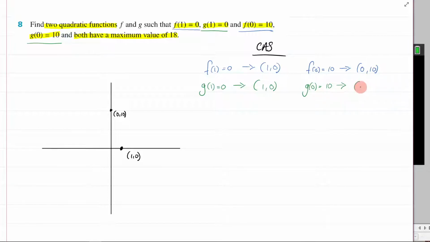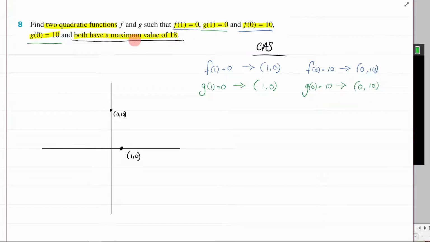So that means when x is 0, my y is 10. Would you know it? It's going through the same point again. So the functions f and g have the same y-intercept and the same x-intercept. Amazing.